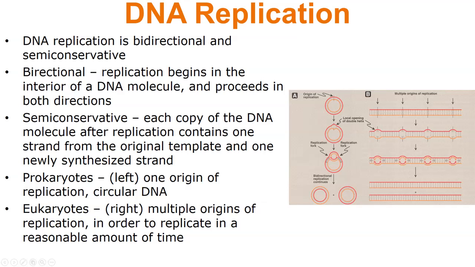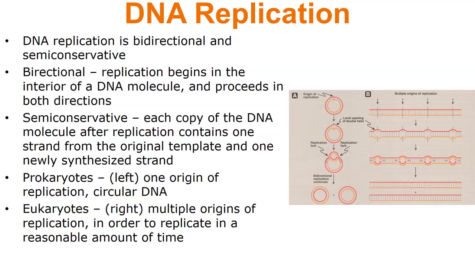In prokaryotes, we actually have one origin of replication. That's sufficient to replicate a prokaryotic chromosome. Whereas in eukaryotes, we have multiple origins of replication. These aren't exactly drawn to scale, obviously, but eukaryotic chromosomes tend to be enormous compared to a prokaryotic chromosome. Prokaryotic chromosomes don't have very much extra DNA in there.